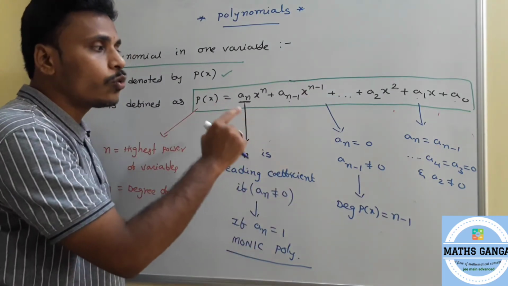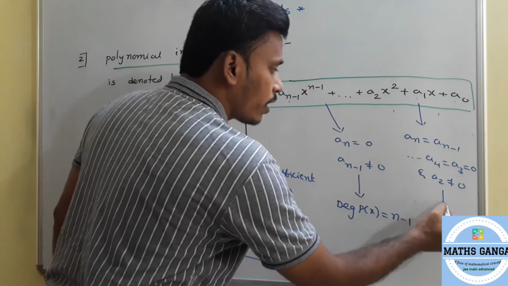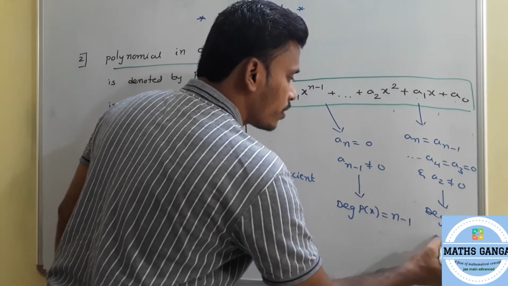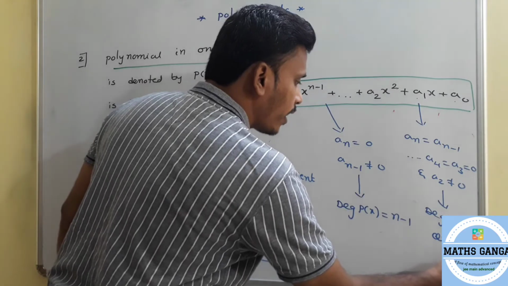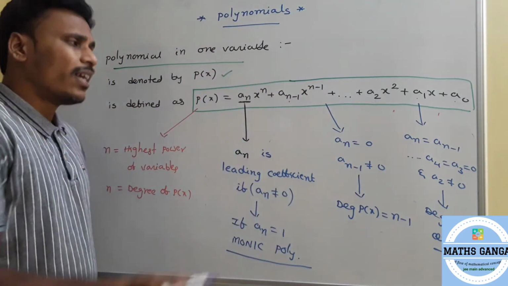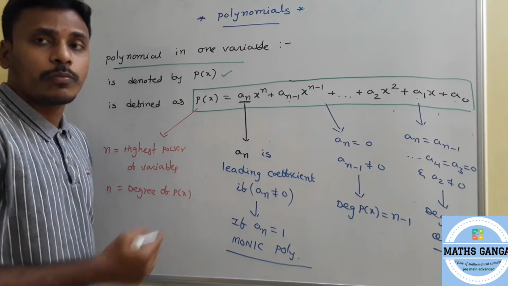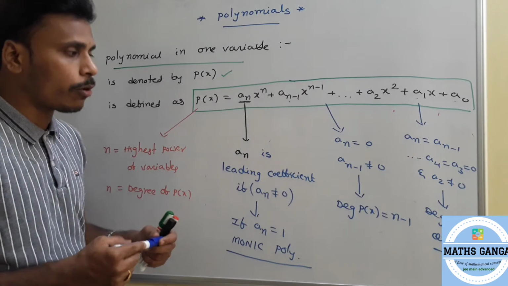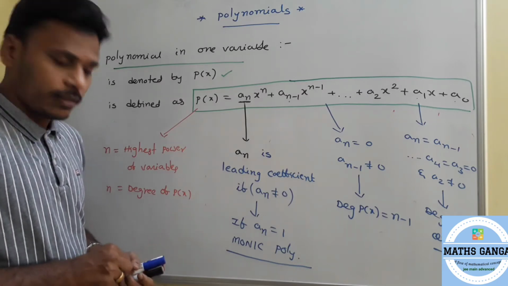So a2 is non-zero, and that's why we say that degree of p of x is 2. Its degree is 2. Since its degree is 2, we call it as quadratic polynomial, as we learnt. Okay? If degree is 3, we call it as cubic polynomial. If degree is 4, we call it as biquadratic polynomial. I think you know all these names, right?